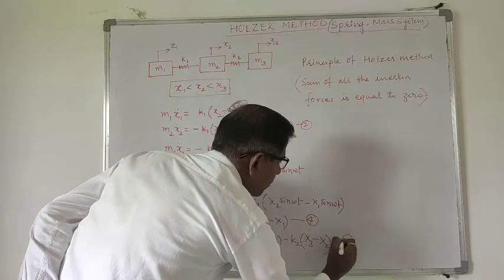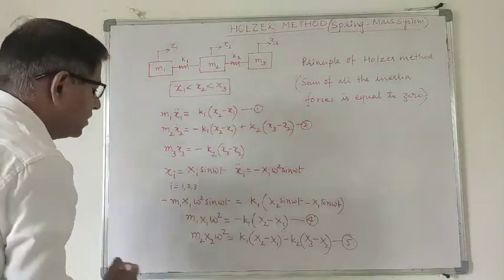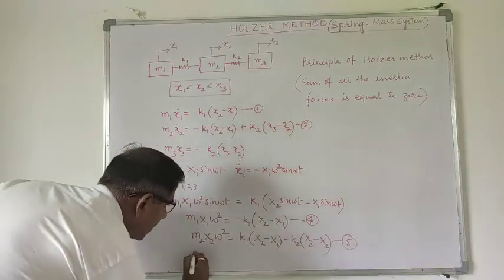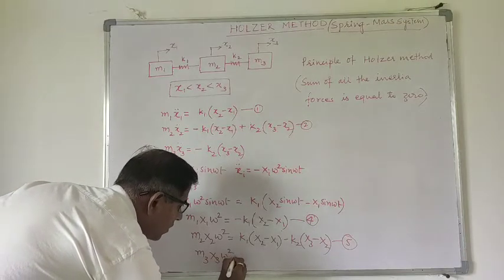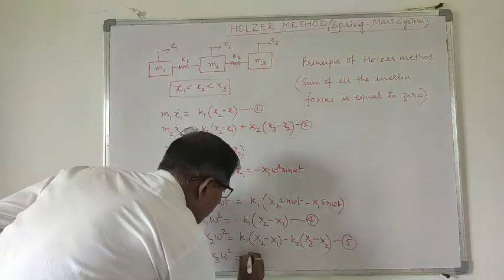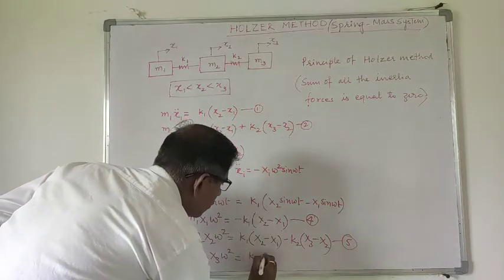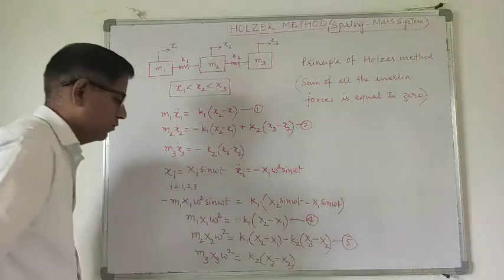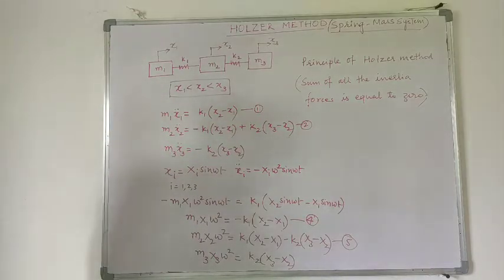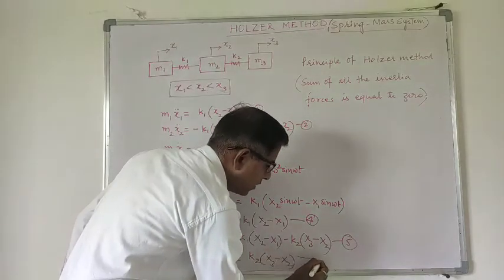This is equation number 5, and this becomes m3 X3 omega square is equal to k2 into X3 minus X2. So this is equation number 6.